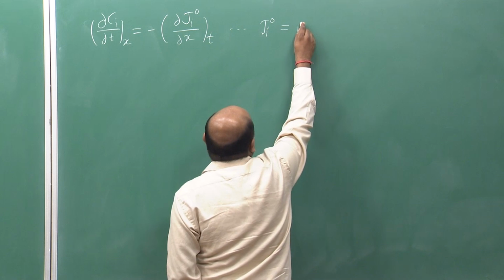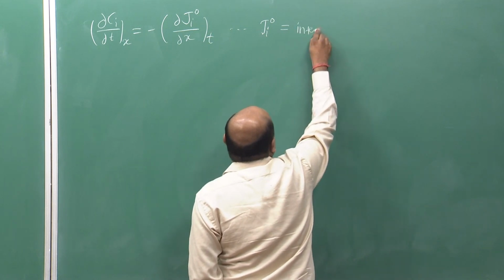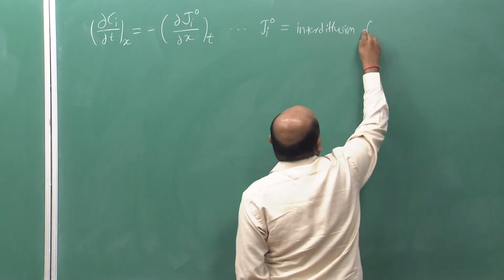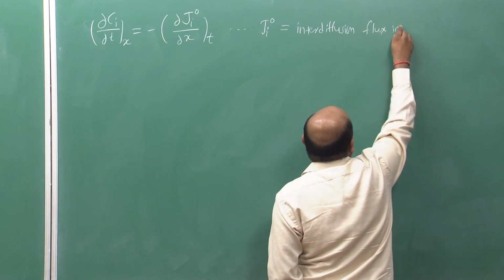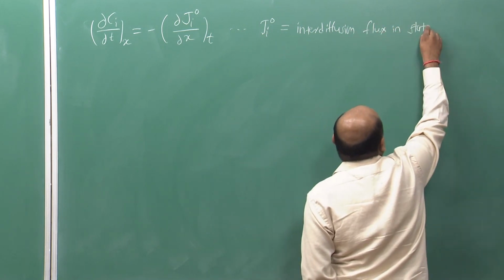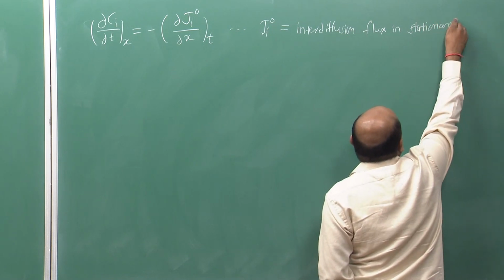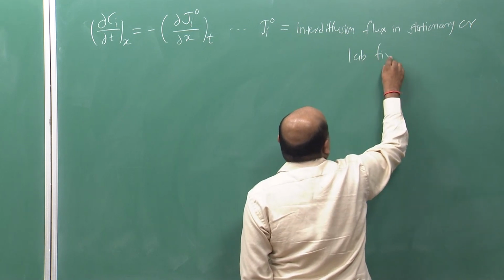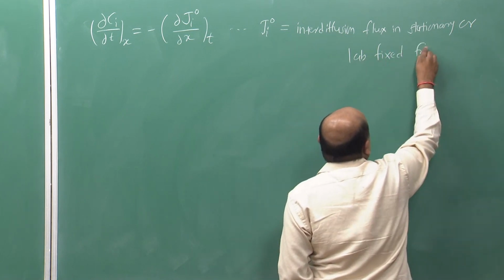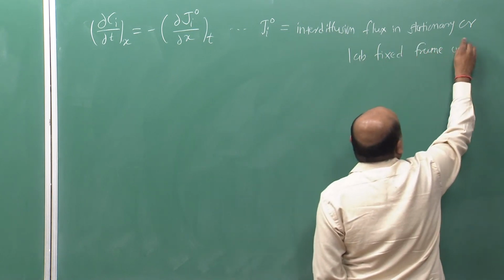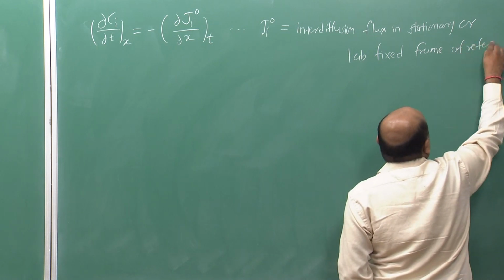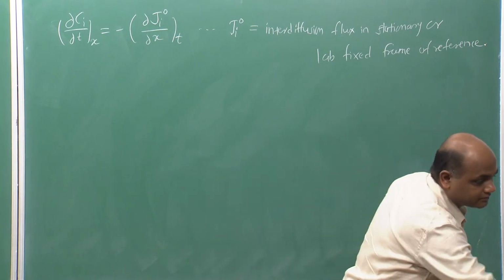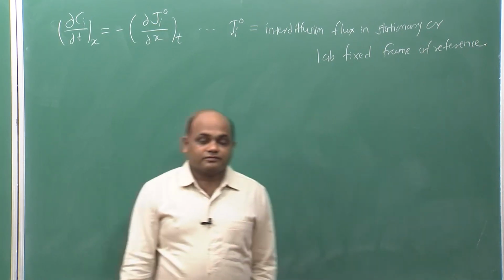where Ji0 is the interdiffusion flux in stationary, or which is also referred to as lab fixed frame. Okay.